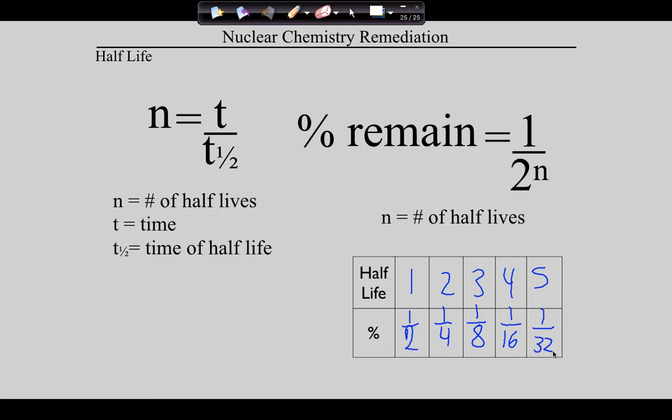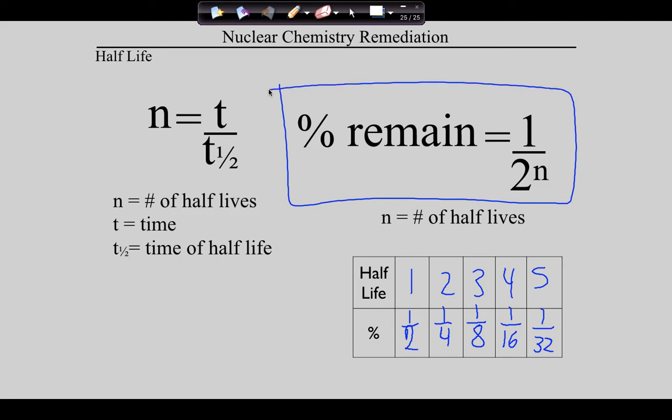So the question is, where do these numbers come from? Well, the numbers come from this equation. So if we plug the number of half-lives in for n, that will then tell us the percent of a sample that remains. So if we plug in 1, 2 to the first power is 2, that leaves us with 1/2.